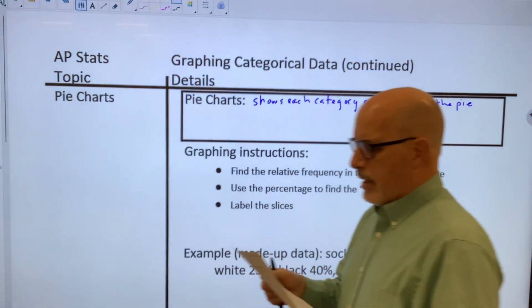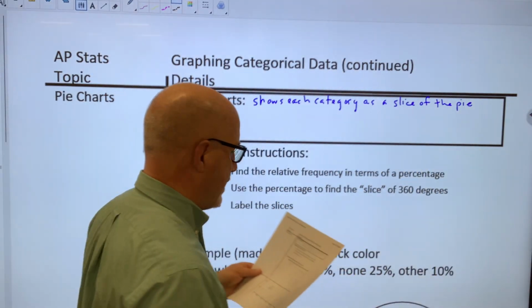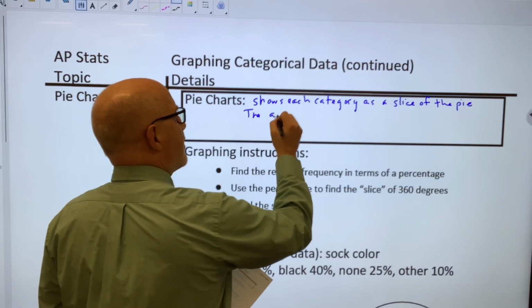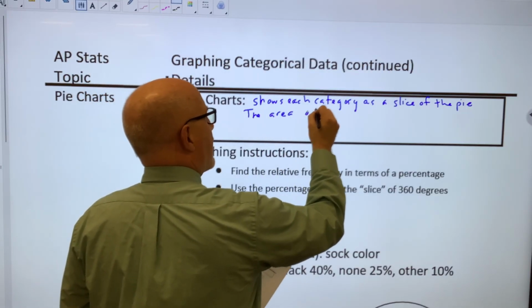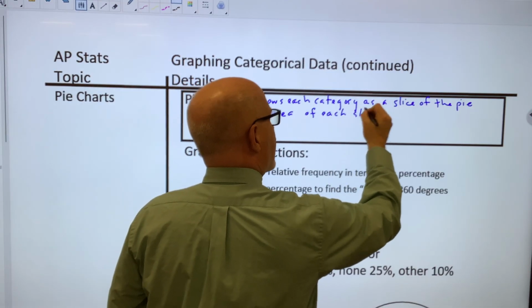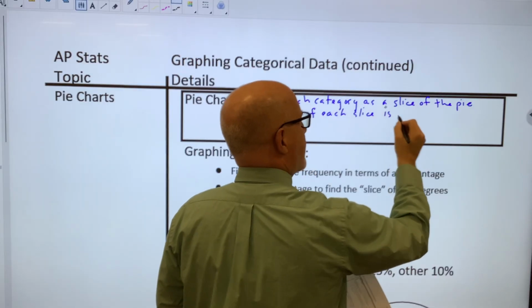All right, so the area of each slice represents the frequency or relative frequency of it. So the area of each slice is proportional to the category frequency.